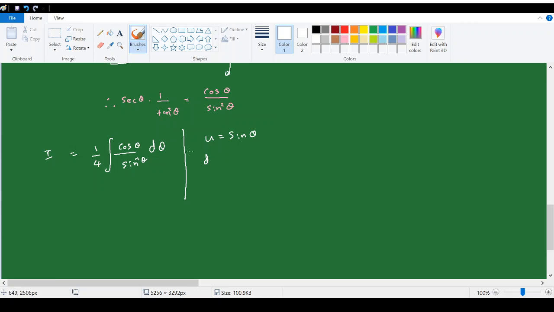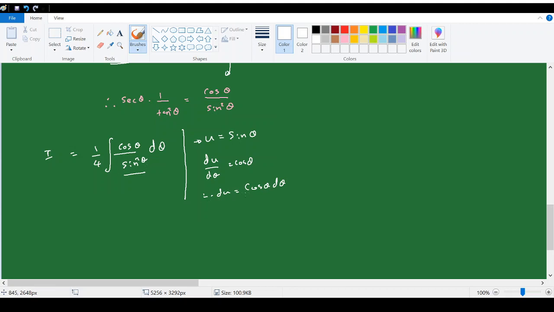So our target should be to convert our integral in terms of u. Okay, so here du by d theta will be equal to cos theta. That means du can be written as cos theta times d theta, right?